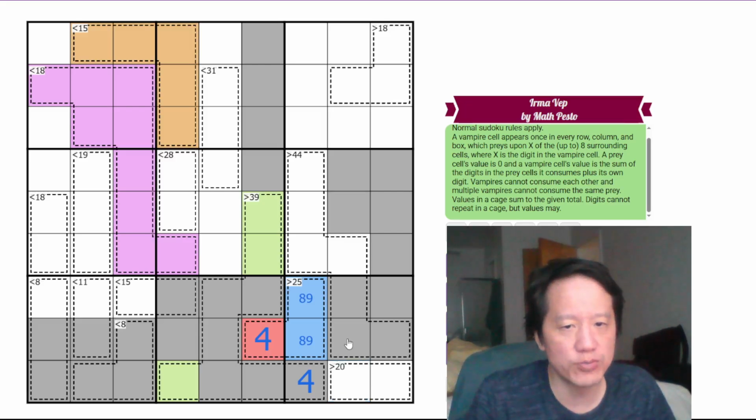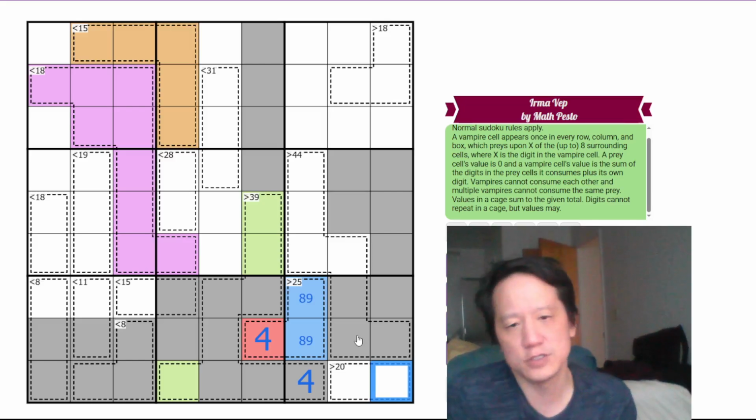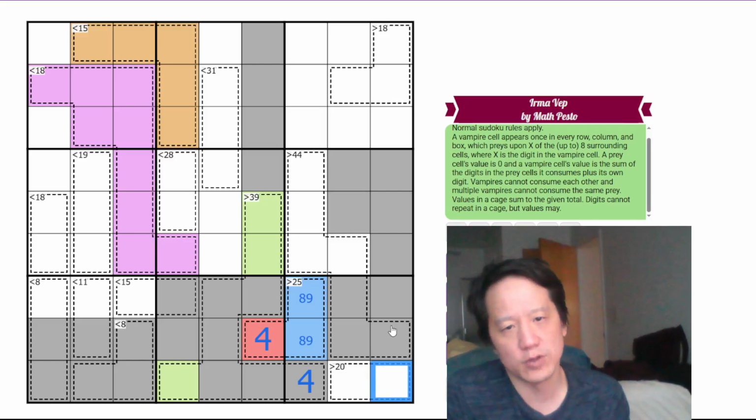This can only prey upon 3 digits at most, and this can only prey upon 3 digits at most. What happens if it preys upon 2 digits? Is that possible? Maybe.